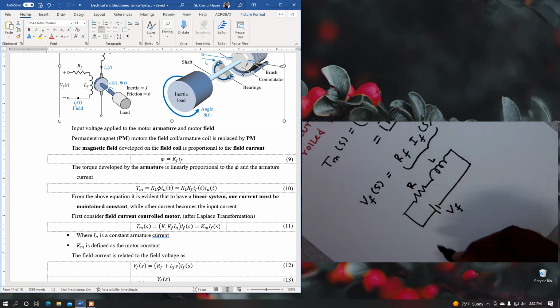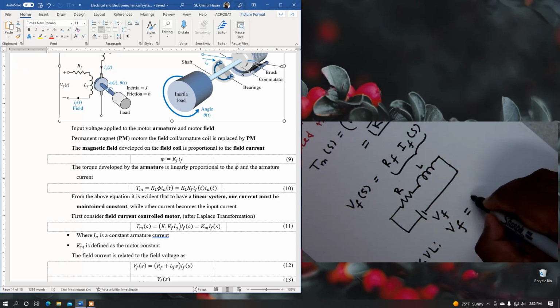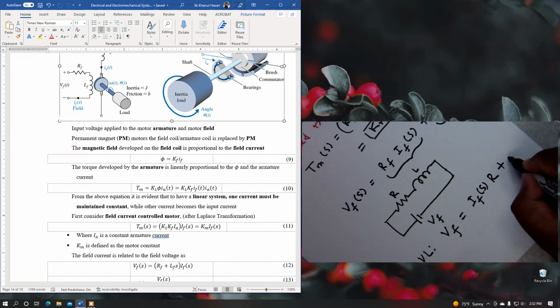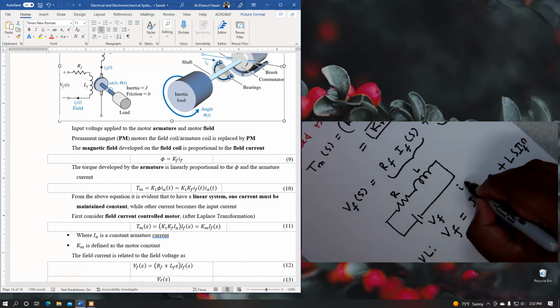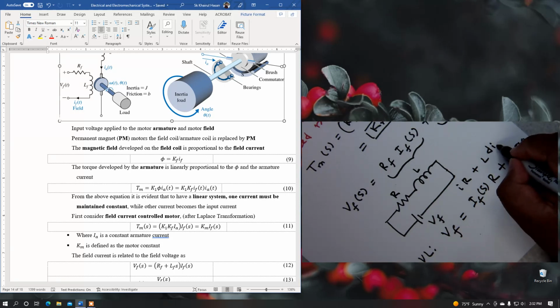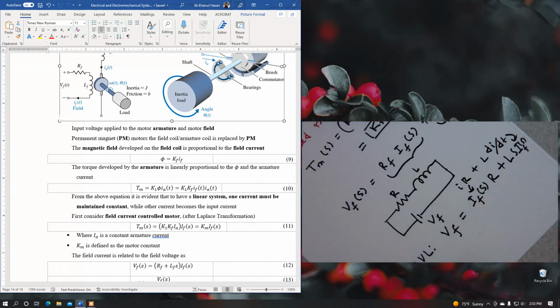In that case, what we can write based on KVL, Kirchhoff's voltage law: Vf equals If(s) R plus L s If(s), because actually it was iR plus L di over dt. That's how, after the Laplace transformation, this expression comes.